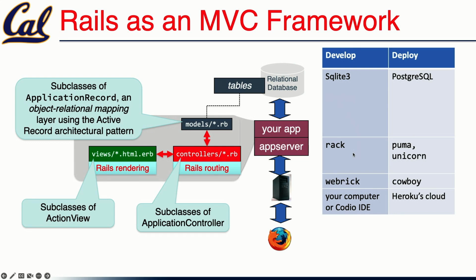The app server is probably Rack, because that's what comes by default when you fire up Rails locally. The web server is something like WEBrick, might be Puma, and the deployment environment is where everything is running on one computer, whether it's your own computer or somewhere in a virtual machine in Codio's IDE cloud.